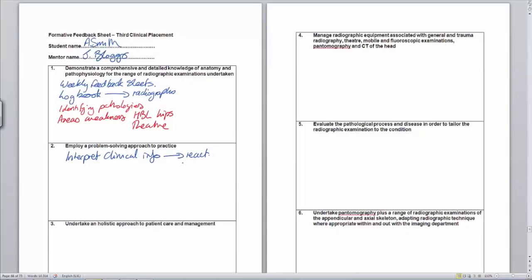So this is about anticipation, really. It's about whether or not the student can perhaps see a potential problem coming, and then also once they've interpreted the clinical information, it's about the adaptation of technique as well.